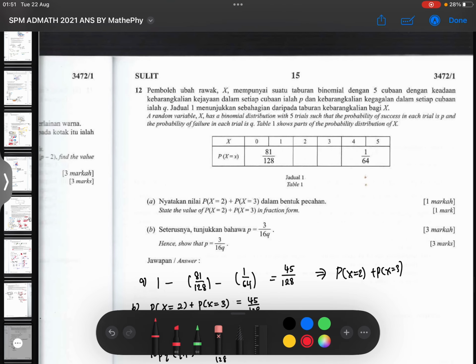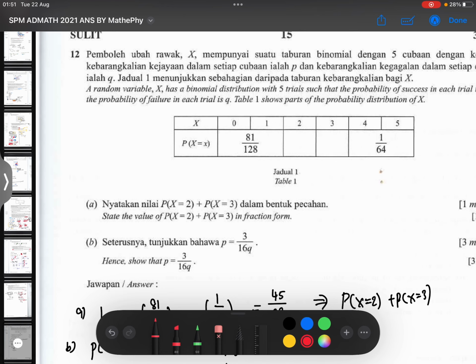Question 12. A random variable x has a binomial distribution with 5 trials such that the probability of success is p and failure is q. So this is the number of trials 0, 1, 2, 3, 4, 5, and this is the probability.